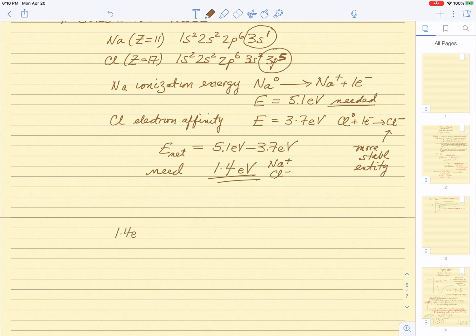That 1.4 electron volts is called the activation energy.